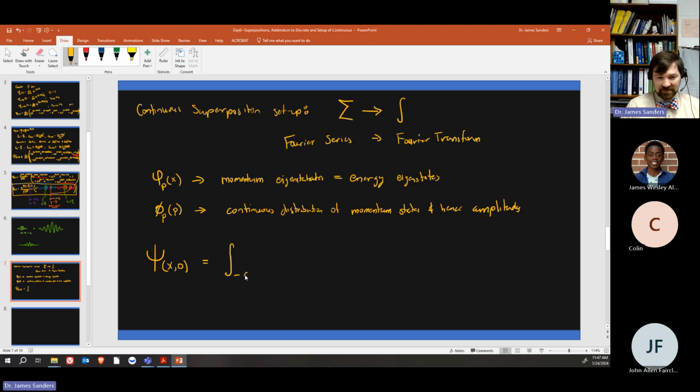Well, now it's this integral over all of the momentum states, phi of p times varphi sub p of x dp. This phi and this phi are meant to be the same here, I left off a subscript.